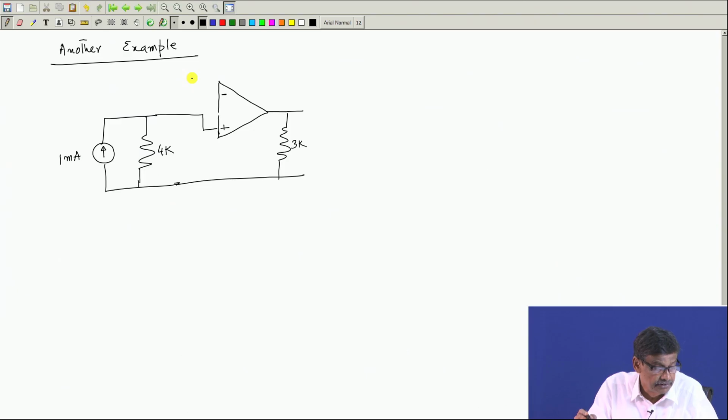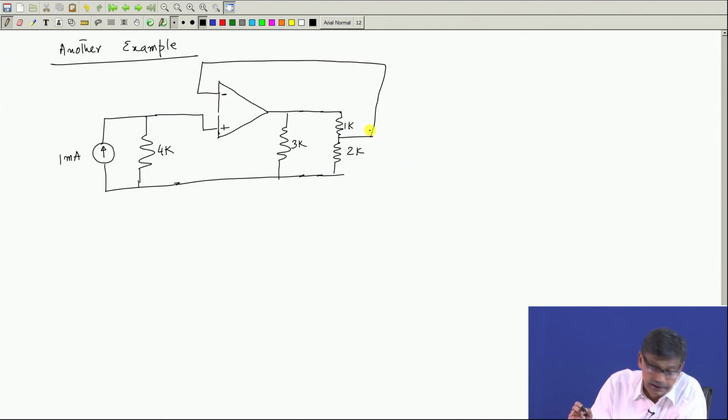Let us see where the negative feedback is taken from. Now, at the output of this op amp, there is only one op amp here, this one is connected across a 1 k and 3 k, 2 k in series, and this potential is fed back here like this.